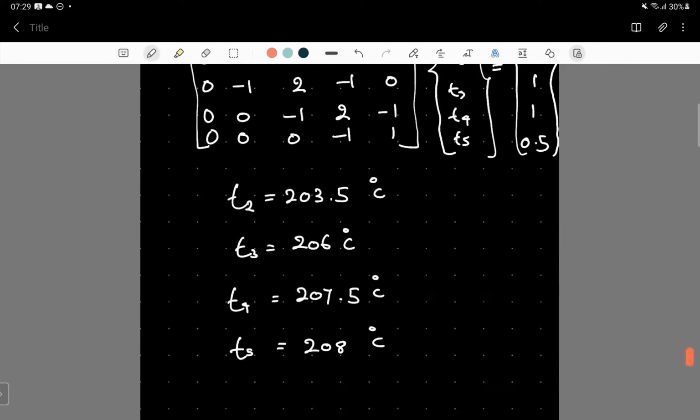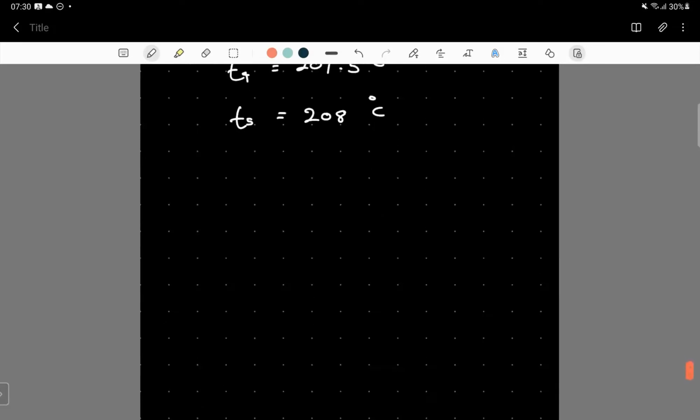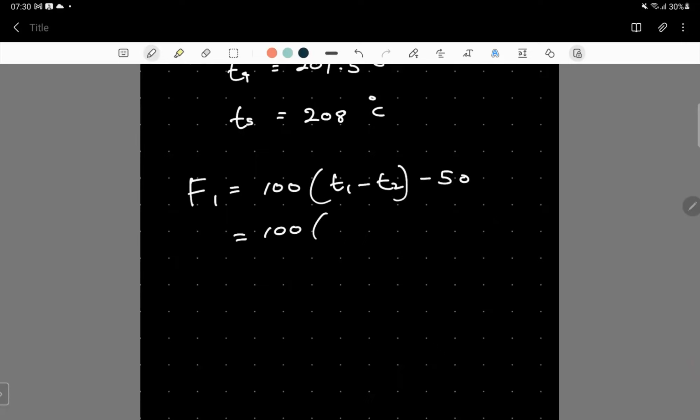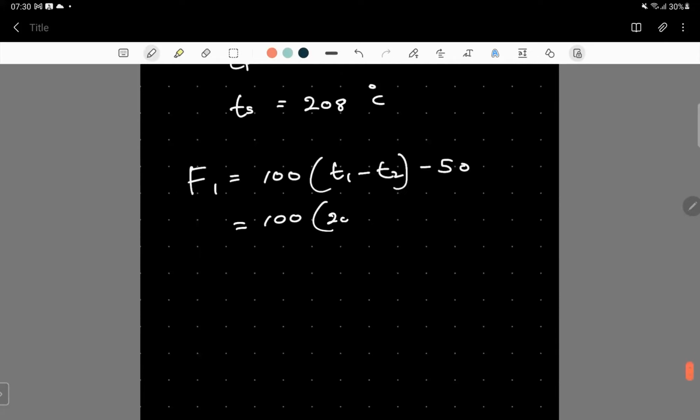Using these equations and the values that we obtained for these temperatures, we can say F1, the heat flow from the left hand side, is equal to 100 times T1 minus T2 minus 50. 100 times T1 is now equal to, we know, 200 minus 203.5, that is the T2 value, minus 50, would yield minus 400 watt.